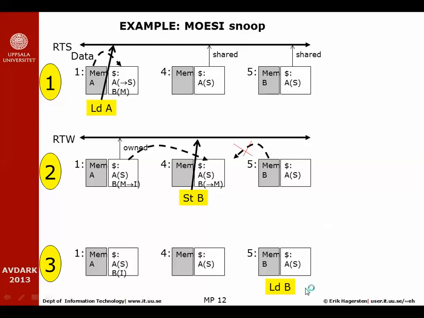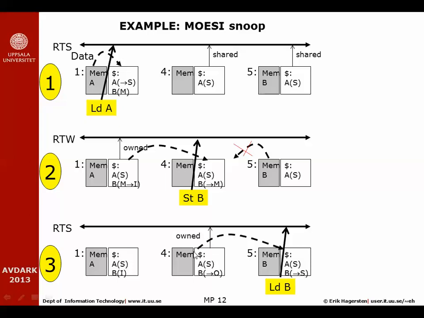And if right after that, the system to the right performs a load operation, that means we're going to see another read to share on this bus. The cache in the middle will raise its arm saying I own it, and change the state from modified to owned, and the cache to the right will change its state to shared.